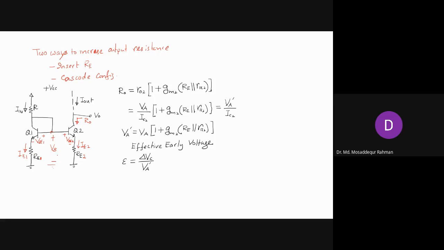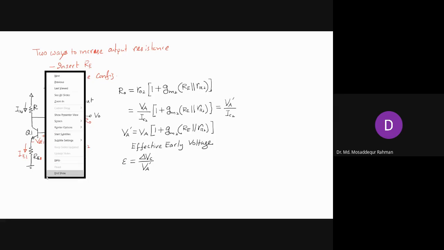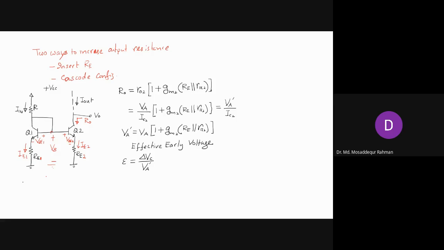So we can express these voltages: on the left side, VBE1 plus I1 RE1, and on the right side, VBE2 plus I2 RE2.